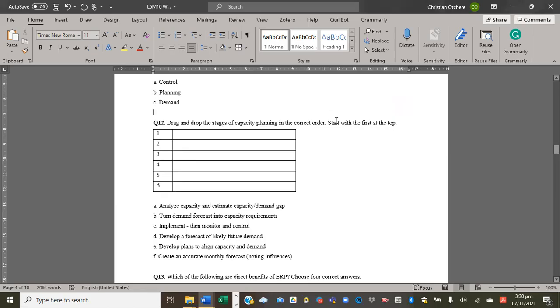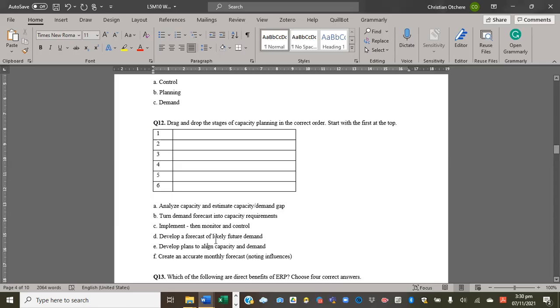In planning capacity, we have: analyze capacity and estimate capacity or demand gap; turn demand forecast into capacity requirements; implement, then monitor and control. This one sounds like something that should be at the bottom, right?